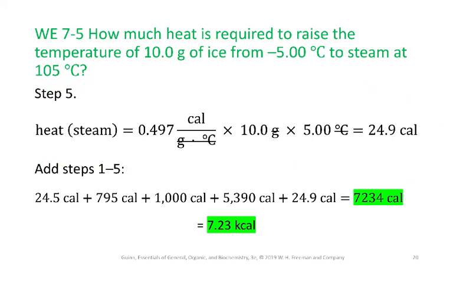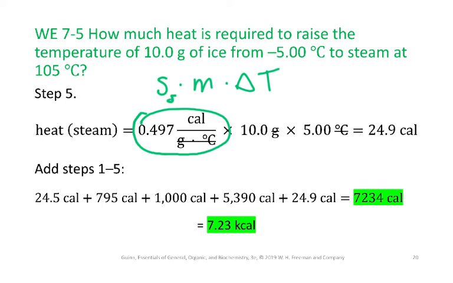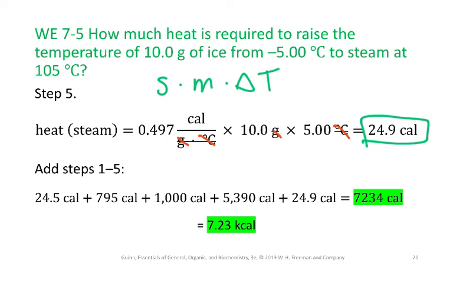So we're in the final step of the heating curve. Take the specific heat for the gas times the mass times delta T. Earlier I said solid, but I meant gas. It's 0.497 calories per gram degree C, and 10 grams, 5-degree temperature change. So it's 24.9 calories to heat the steam those last 5 degrees.